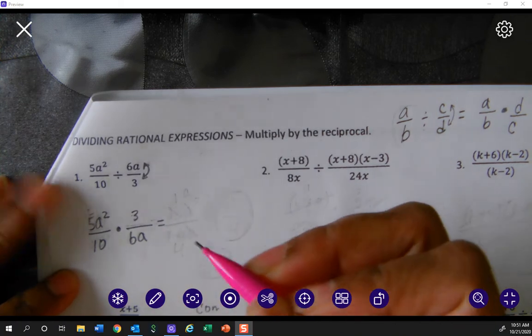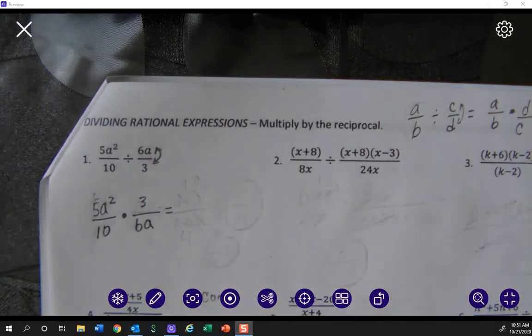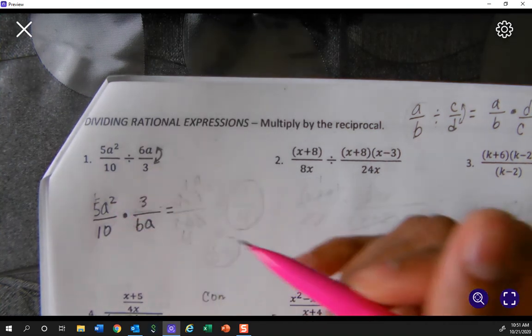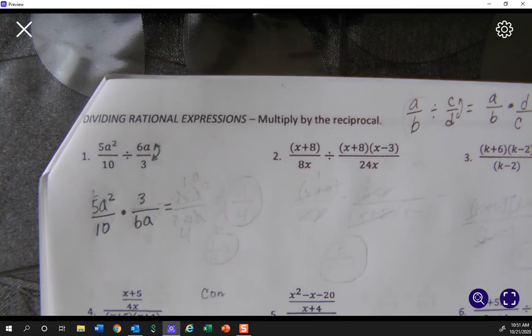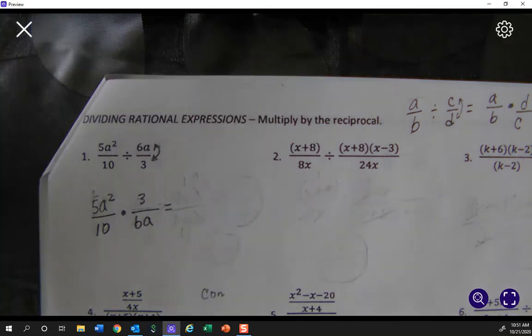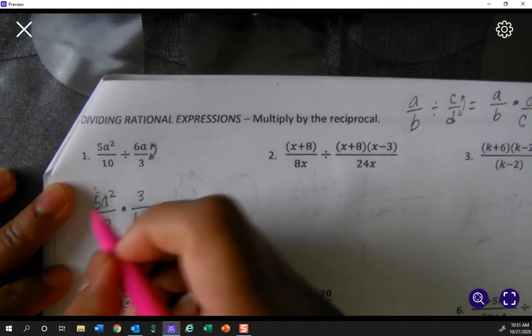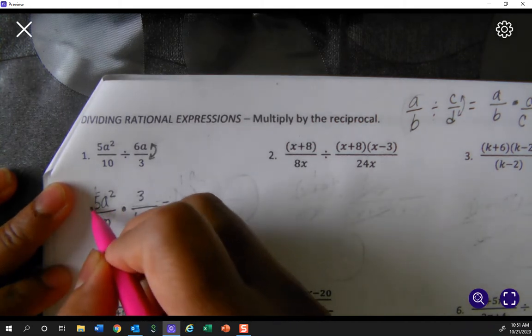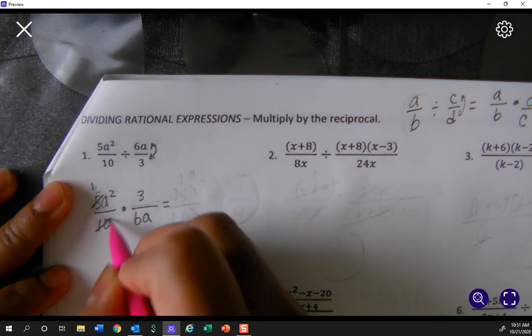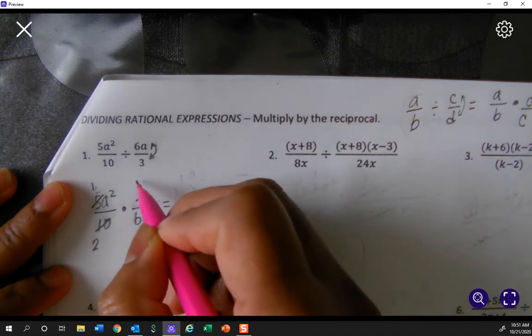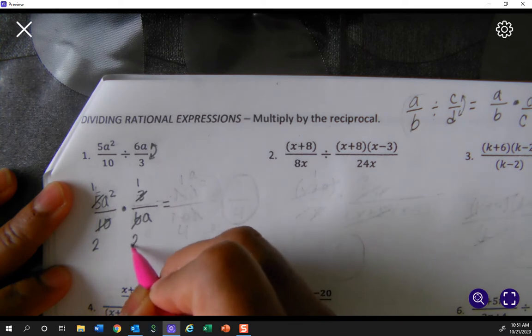And now you have two options like you always do. You can either multiply straight across and then simplify later, or you can simplify first and then multiply. I recommend simplifying first, but again, it's really up to you. So if I simplify this, 5 goes into 5 once and 5 goes into 10 twice. And 3 goes into 3 once and 3 goes into 6 twice.